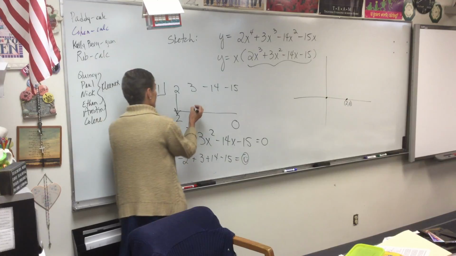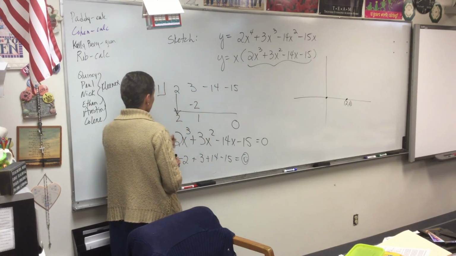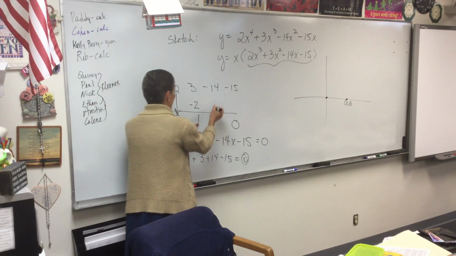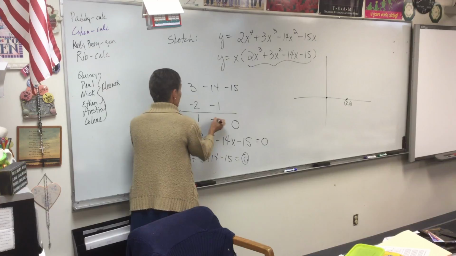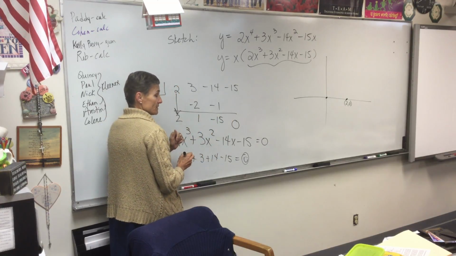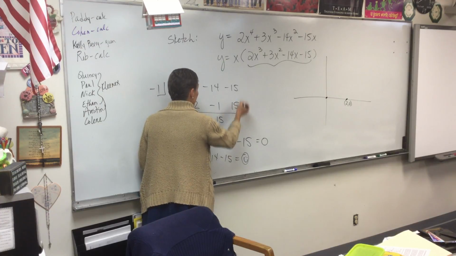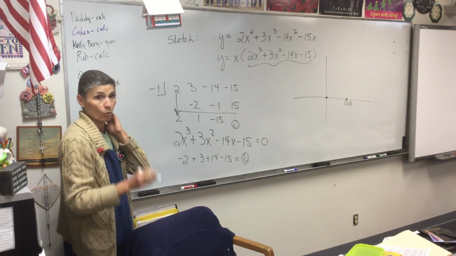Negative 1 times 2, write the answer here, and add. Negative 1 times 1, write the answer here, and add. Negative 1 times negative 15, write the answer here, and add. And there's the 0 that you had hoped for.